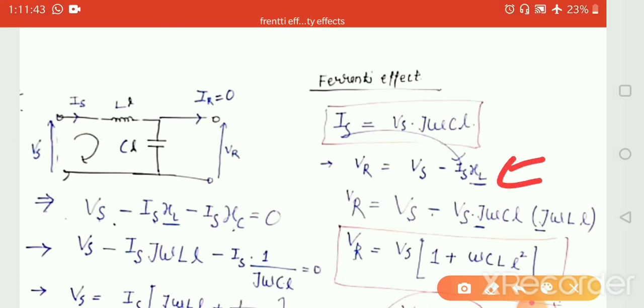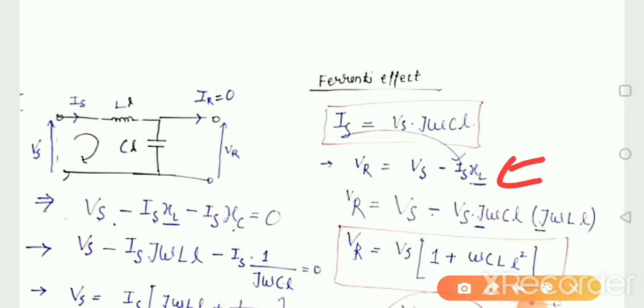Now we know that Vr equals Vs minus Is into XL. So we put the value of Is in this equation. Now we get Vs minus Vs into j omega c l, because here the value of Is is Vs into j omega c l, and the value of XL we can write as j omega L into l.